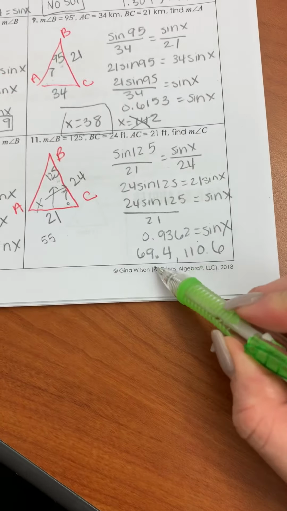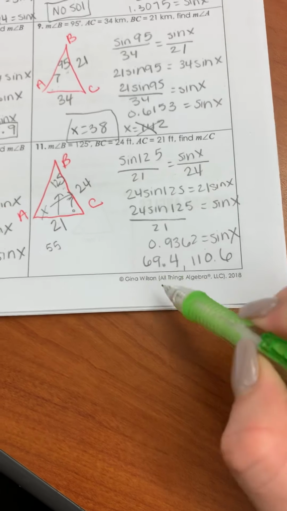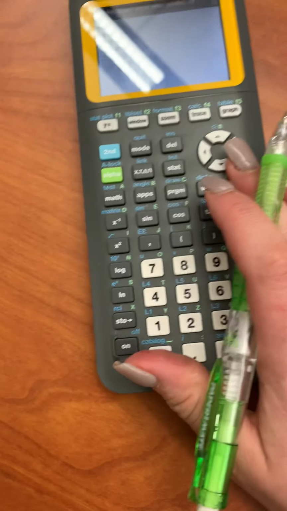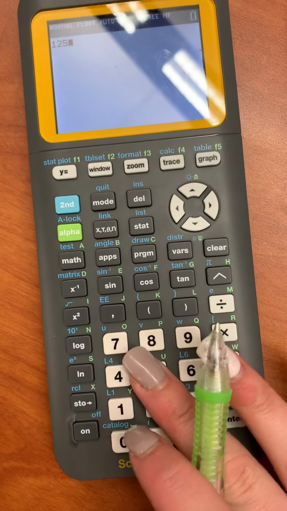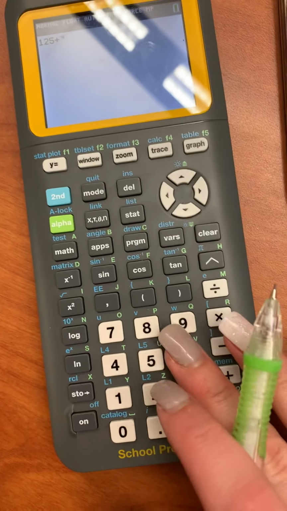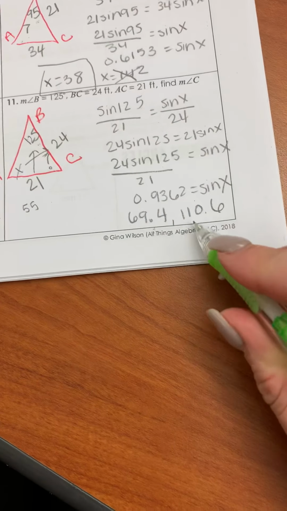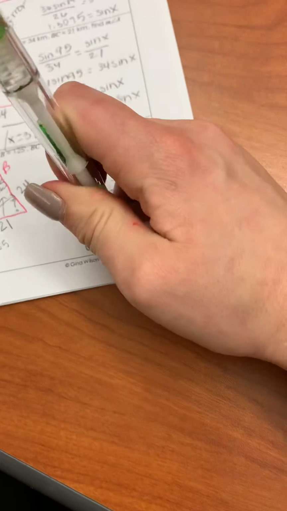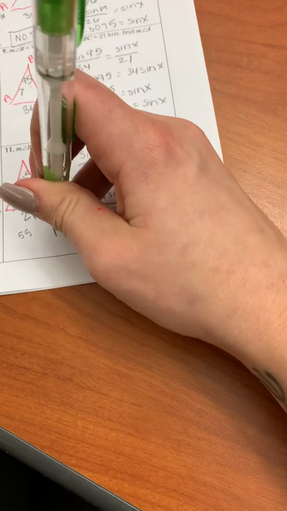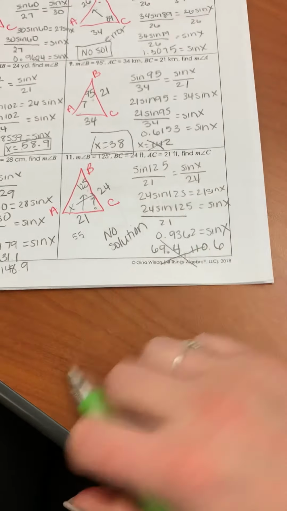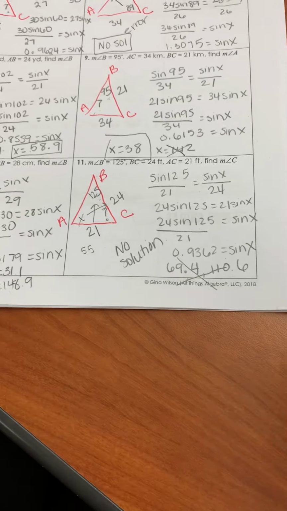So there is no way that one of these could be 69.4 degrees, because if I add 125 and 69.4, that's going to go over 180, and especially if I add 110. So both of these are not possible. So we have no solution here. No way this triangle is going to work out. Okay, bye.